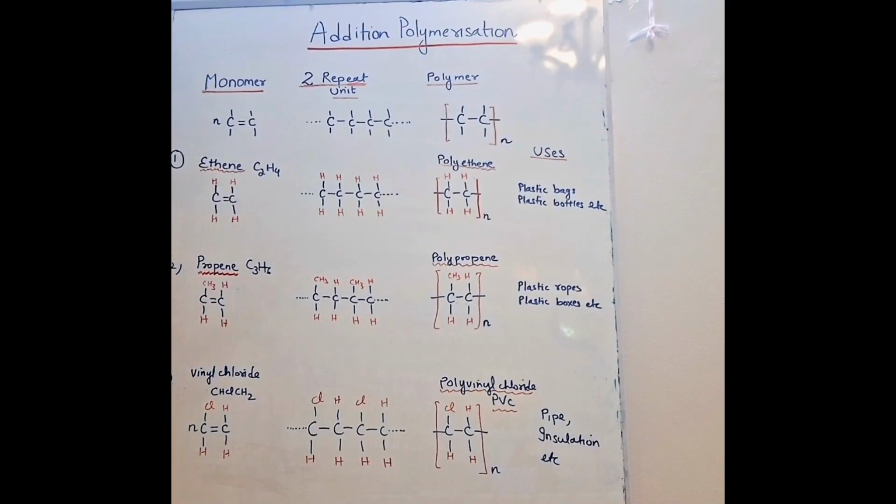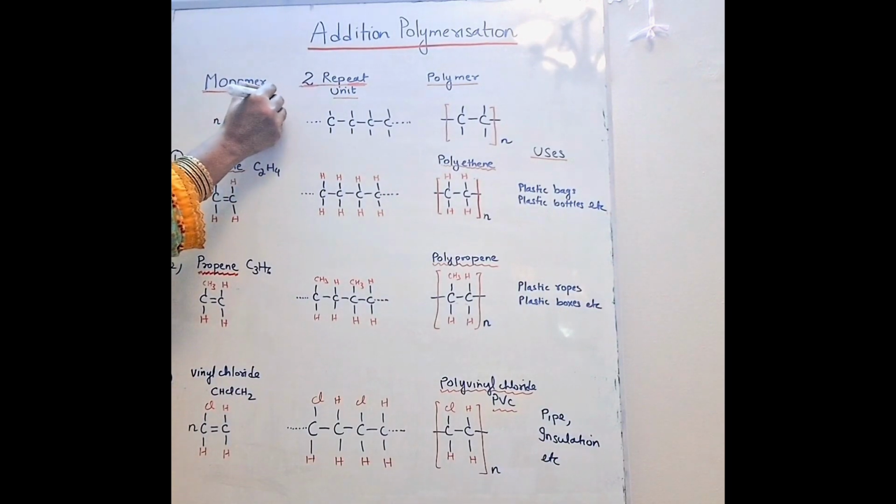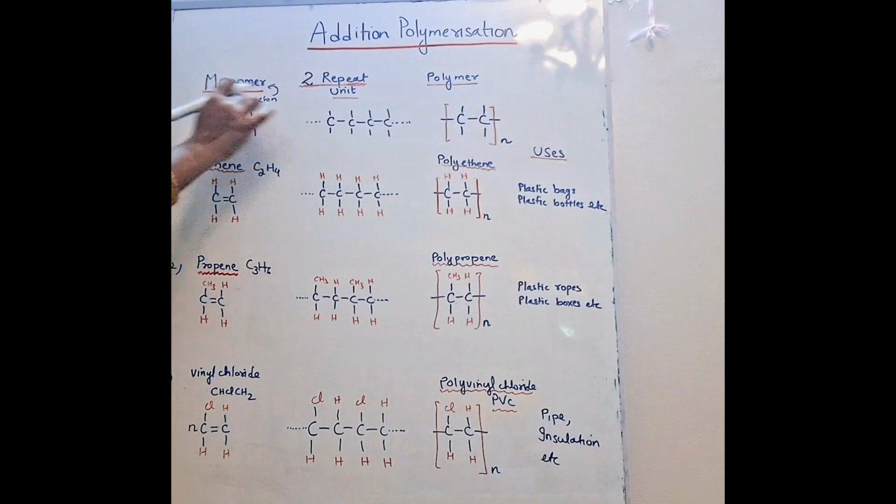I named this structure the skeleton of monomer, because if you know this structure, you can fit any monomer in it. I have discussed 3 monomers here, and I will prove it in my class.